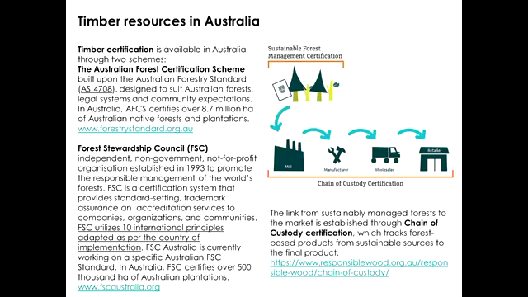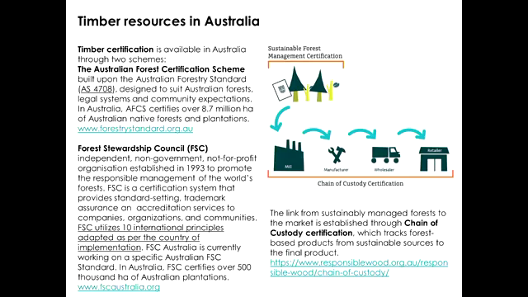In order to guarantee a minimum standard for the way we do things, there are certifications. There are 3 main certificates. The first one is Australian, the Australian Forest Certification Scheme, which is defined by Australian Standard 4708. The second one, the Forest Stewardship Council, is an international certification scheme, which was developed in Germany, and then all the different countries can adopt and develop their own schemes, starting from the basic principles of the international scheme.